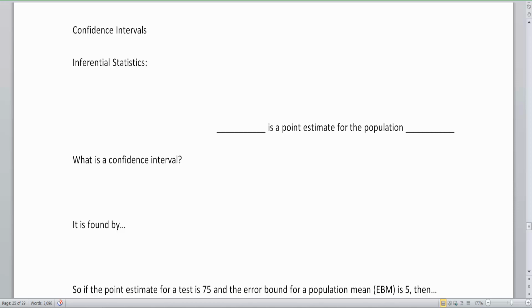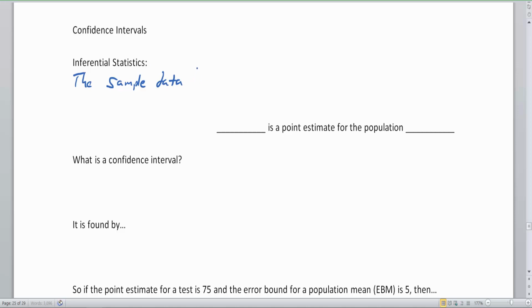Now, inferential statistics is the sample data. So we're going to take a small representative sample.